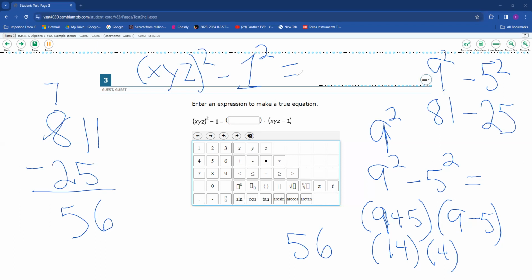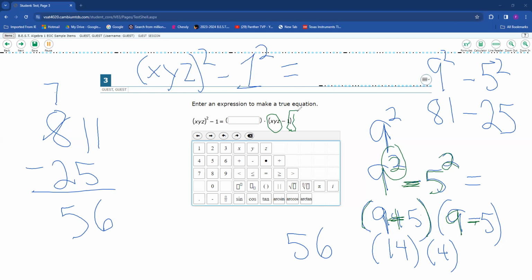Instead of squaring the 9 and subtracting the square of the 5, because we don't know what x, y, or z is, they just want us to write it as 2 factors of 9 plus 5 and 9 minus 5. Notice here that the 9 and the 5 lose their square. So look here, xyz lost the square, and the 1 squared that I have here lost the 2, because 1 to the second power is the same as 1.